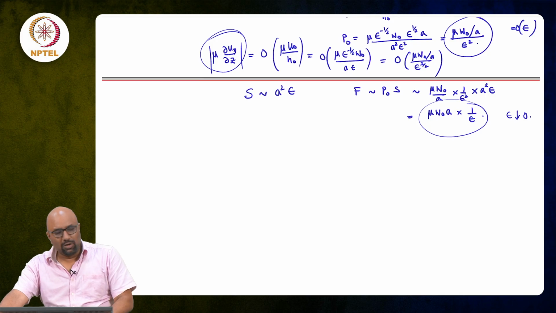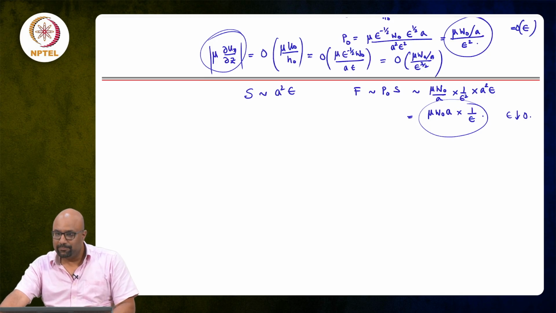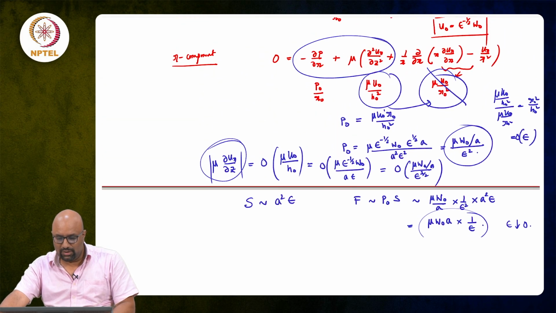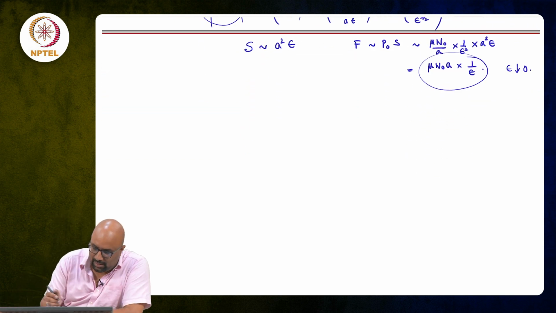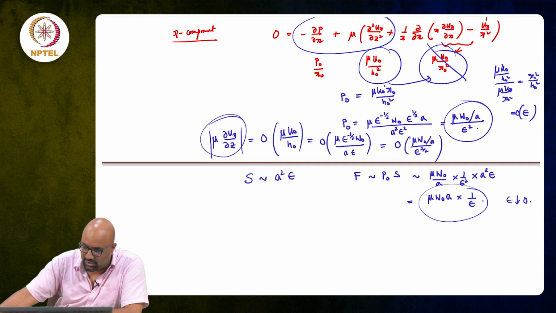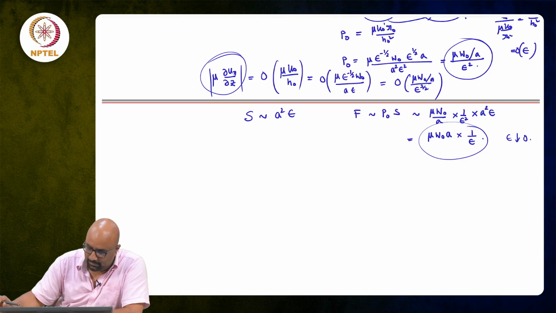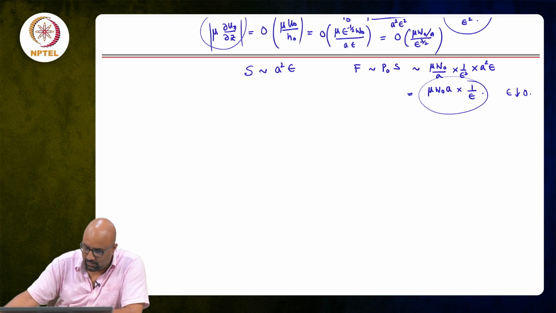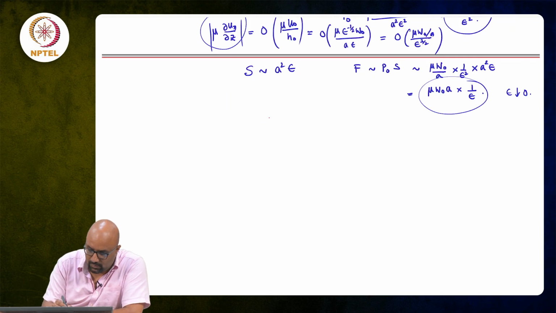Now let us try to work out what this is going to be. We wrote down the radial momentum equation. The radial momentum balance gives us an equation which is zero is minus dou p dou r plus mu dou square u r dou z square.